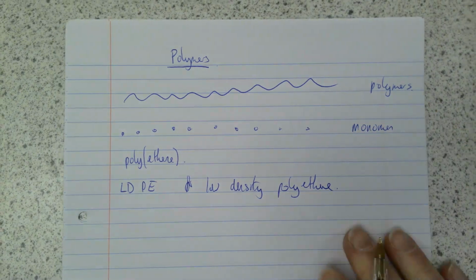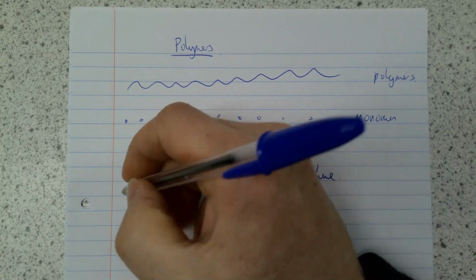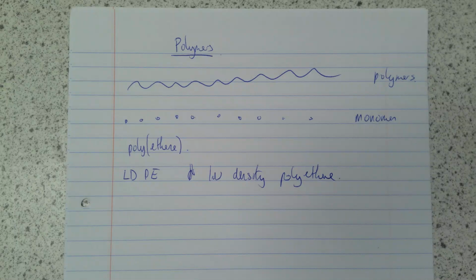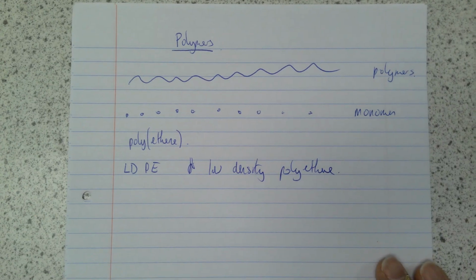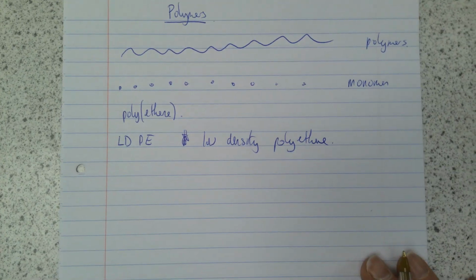And there is high density polyethylene, but we'll come to that in a second. Right, so we'll do low density polyethylene first. I don't think you really need to, I'm going to double check this, but I don't think you really need to know exactly the conditions that they're made in and how they're made differently.